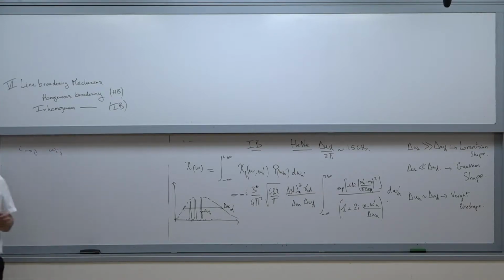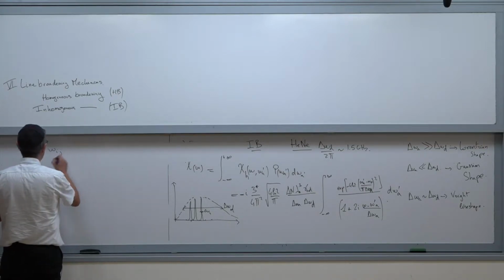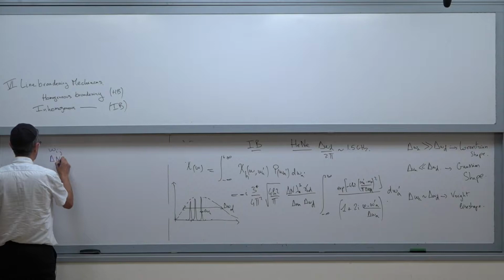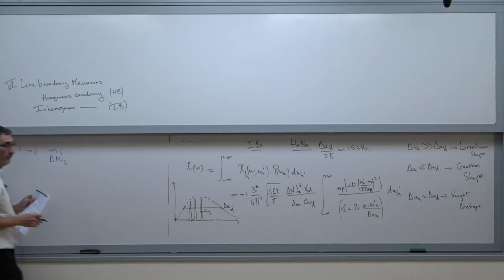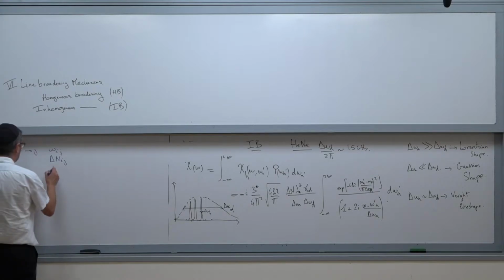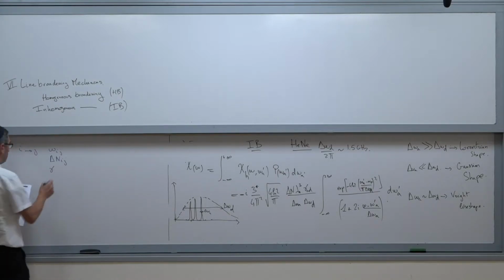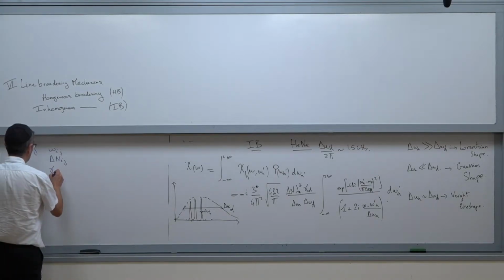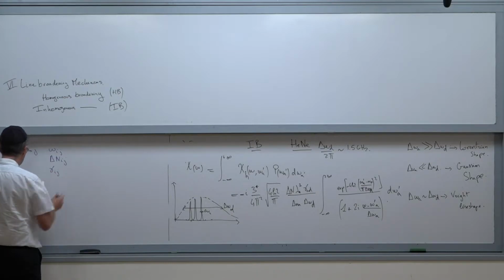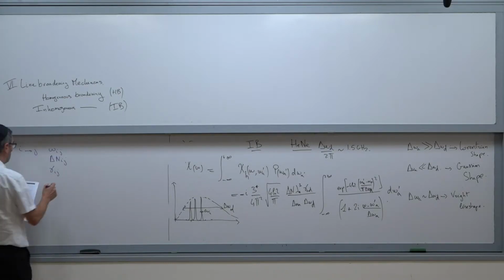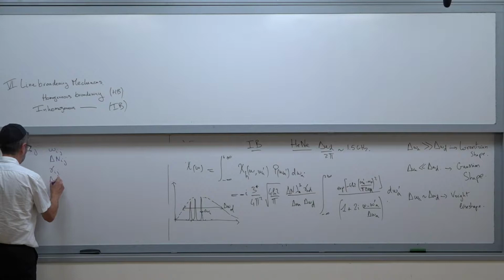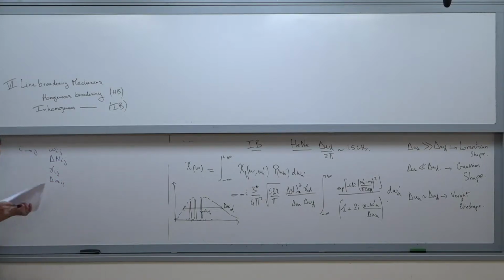I will have also a different delta N_ij, the population inversion, and the radiative decay will be also gamma_ij. This is very simple to understand. You just have to adjust to the transition. The delta omega will be also indexed like that with ij.